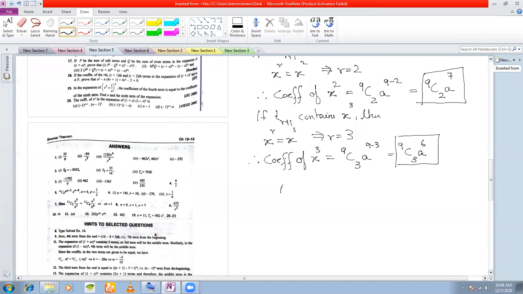So according to this problem, the coefficient of x square is equal to the coefficient of x cube. That means the coefficient of x square we have found to be 9C2 a to the power of 7, and the coefficient of x cube we have found to be 9C3 a to the power of 6.